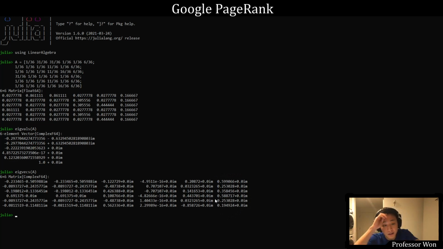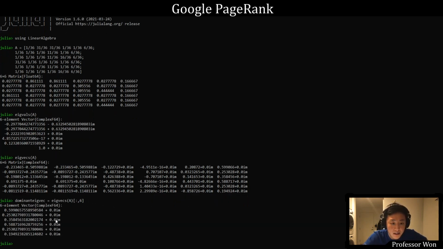Okay, so let me quickly do that. Let's pull out the dominant eigenvector. So dominant eigenvec equals, I want to take this 6th column out of here, so I think I do that with colon comma 6, like this. Good. So I've just pulled out the dominant eigenvector. But of course, any scalar multiple of this will also be an eigenvector. So let's take the sum to be the sum of the dominant eigenvector.